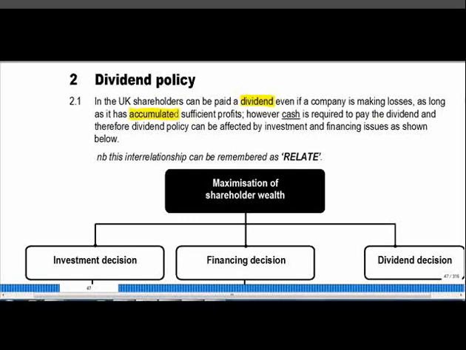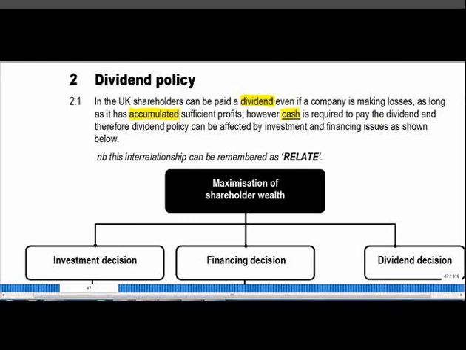So even if you're making losses, as long as you've got accumulated realised profits, then you can consider paying a dividend. But you should be absolutely clear that accumulated realised profits is not the same thing as cash. Cash is actually required if you were to pay the dividend. Which is why we're thinking about dividend policy in a chapter that's linked to cash flow management.